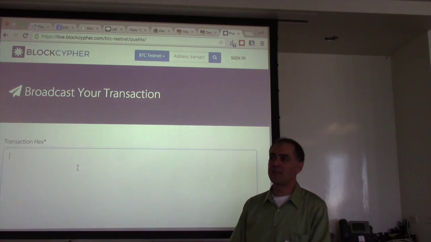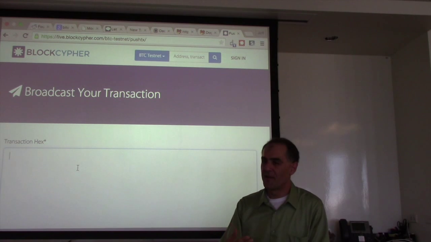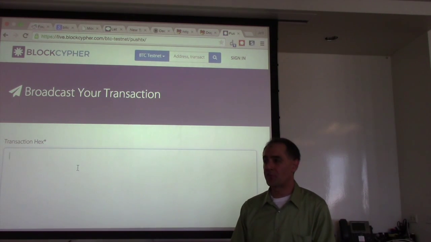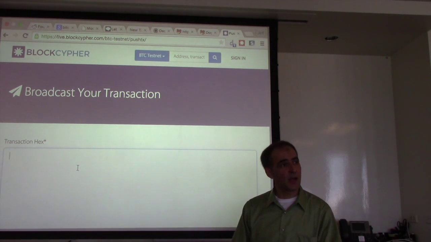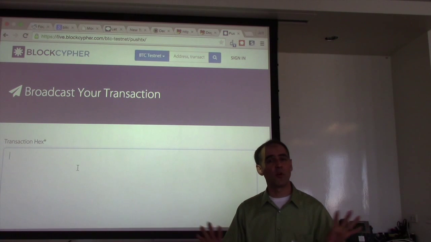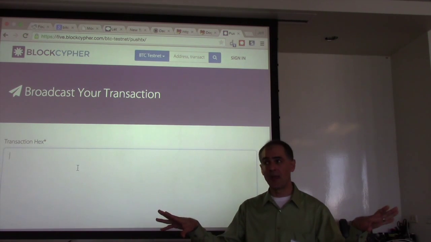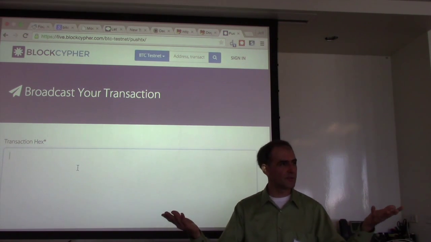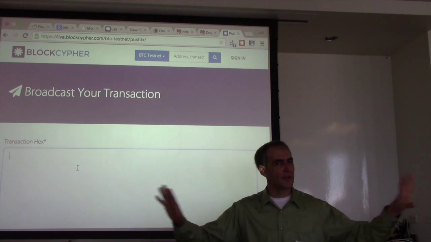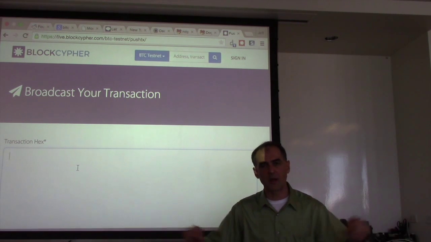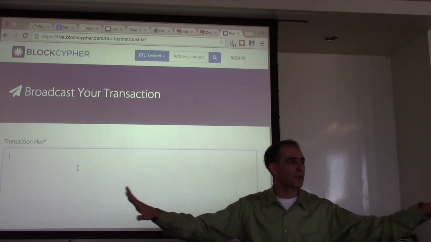Provided that it's a valid transaction type, and this node accepts it as a standard type, it will say, I'm free to broadcast that to all the nodes I have contact with. Those nodes will pick it up and say, yes, it's valid, and then they broadcast it, and it gets pushed out and promulgated throughout the entire network.